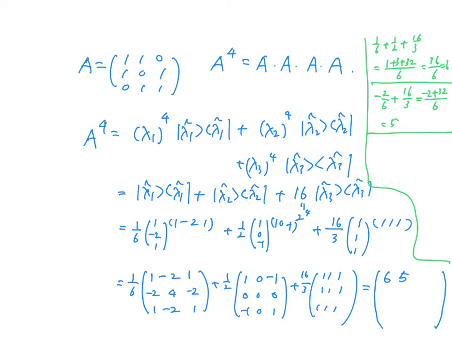Third element: 1/6 minus 1/2 plus 16/3, which is 1 minus 3 plus 32 over 6, so 5.